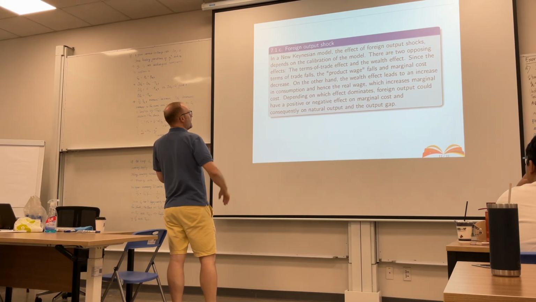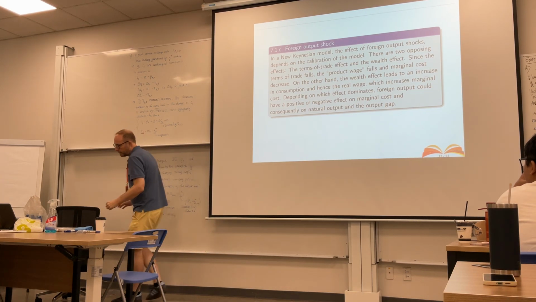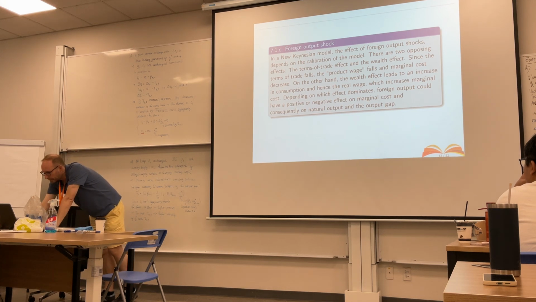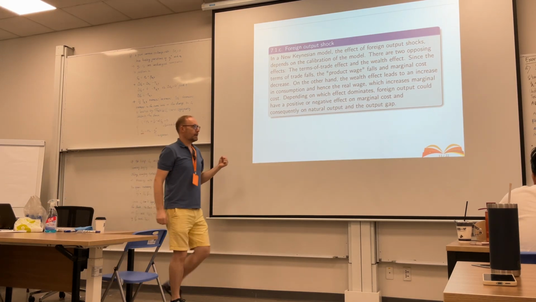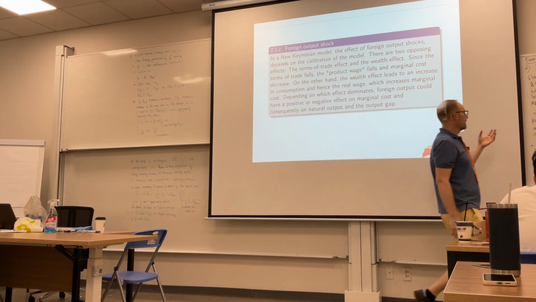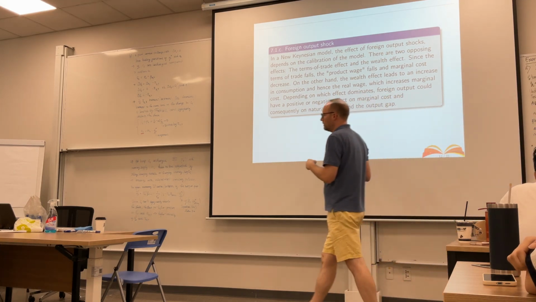So the terms of trade cancel out when sigma equals 1. Then, depending on whether it has a positive or negative effect, we're going to take this marginal cost, it's going to respond, but it's going to respond more slowly, right?